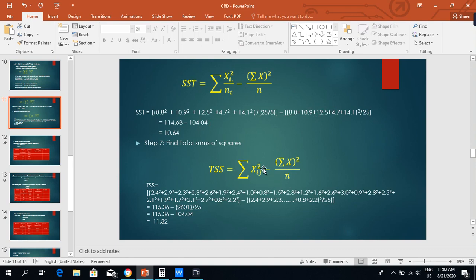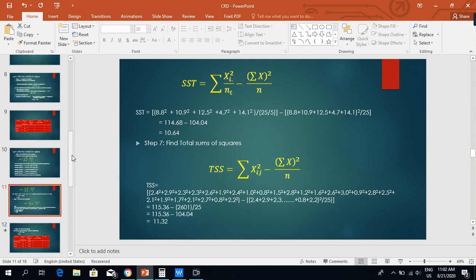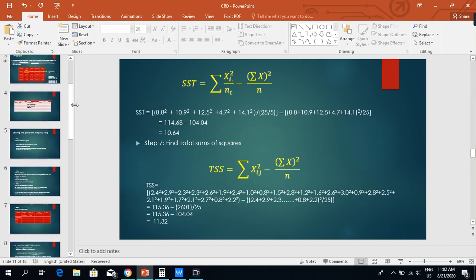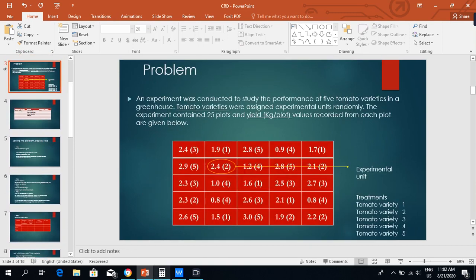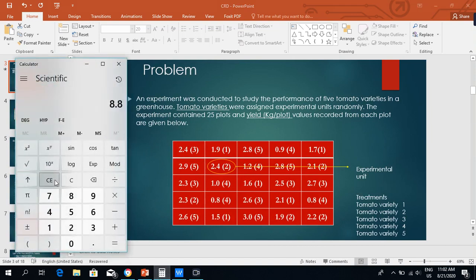To obtain the value for this part, we can enter data in our calculator as follows: 2.4 squared plus 2.9 squared plus 2.3 squared plus 2.3 squared, like that.